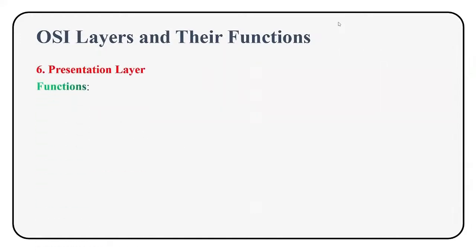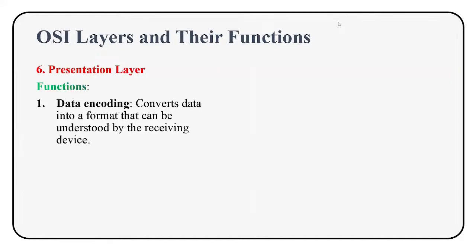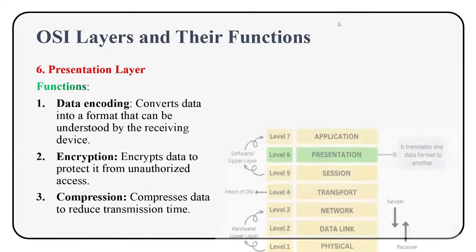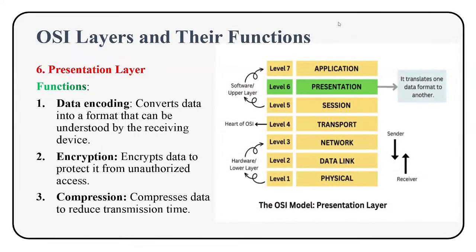The next thing is the presentation layer. Data encoding: it converts the data into a format that can be understood by the receiving device. That is the encoding of the data, which is done on the presentation layer. Presentation means how the data will be readable by the receiving end. Encryption is done here, so it encrypts the data to protect it from unauthorized access.